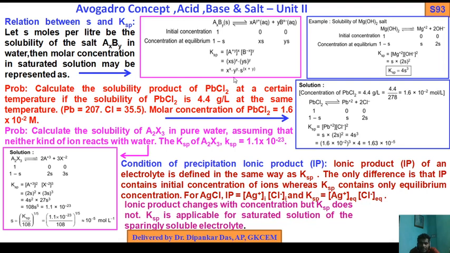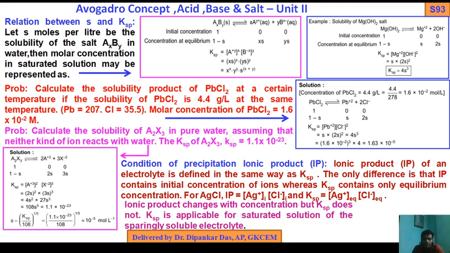As a result, on simplification we get x^x times y^y times S to the power (x plus y). So the relation is Ksp equals x^x y^y S^(x+y). So that is the relation between S and Ksp.